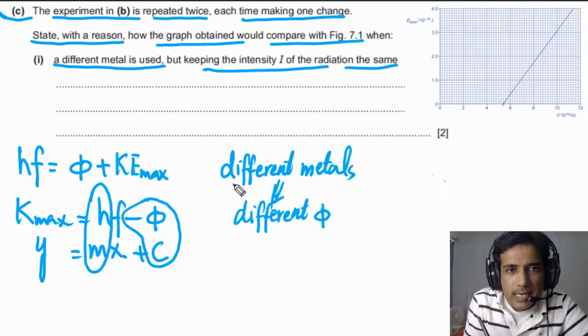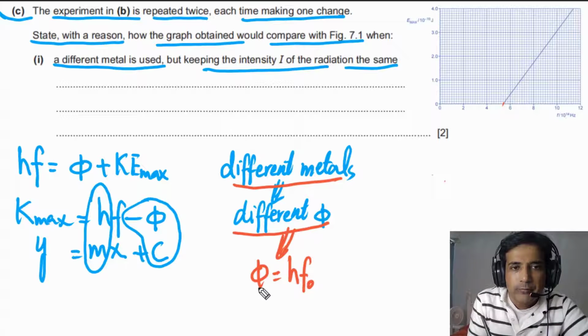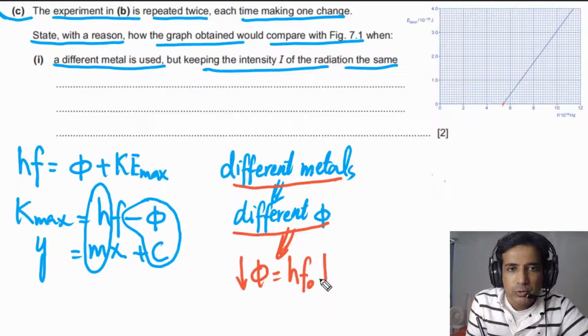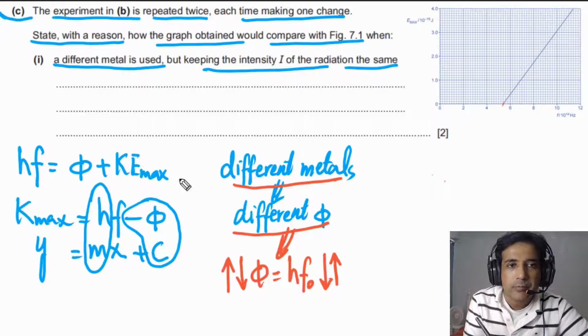Work function is equal to hf naught. So if the work function is different, it means that threshold frequency also will be different. If work function is lower, it means threshold frequency will be lower. And if work function is greater, it means threshold frequency will be greater. And if work function is different, y-intercept will be different.